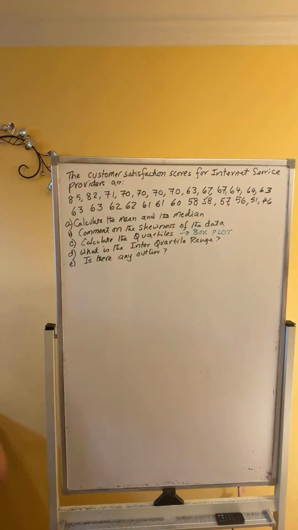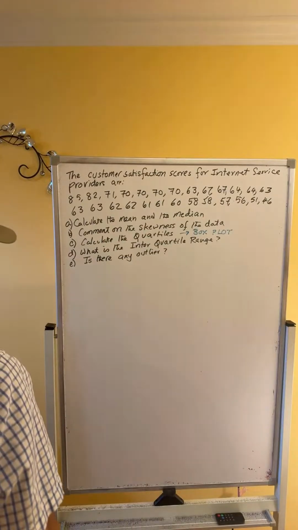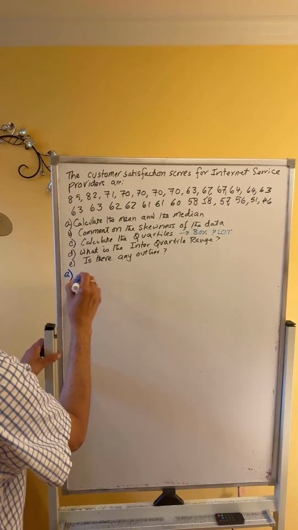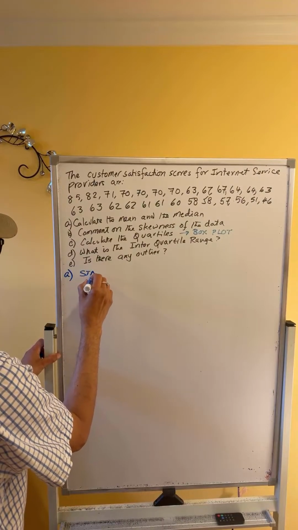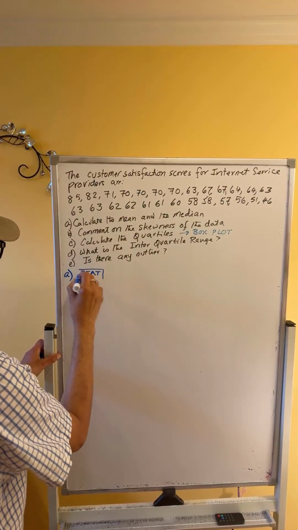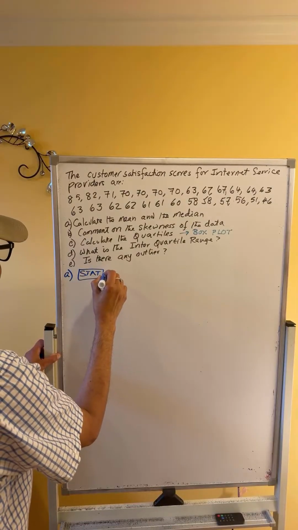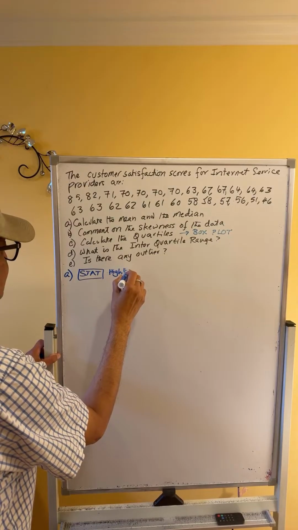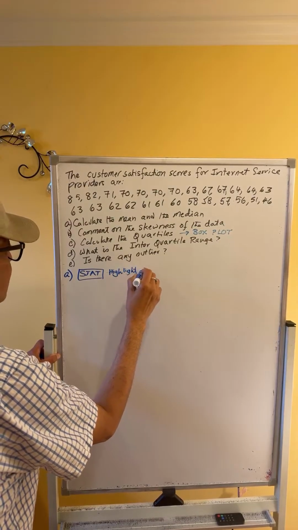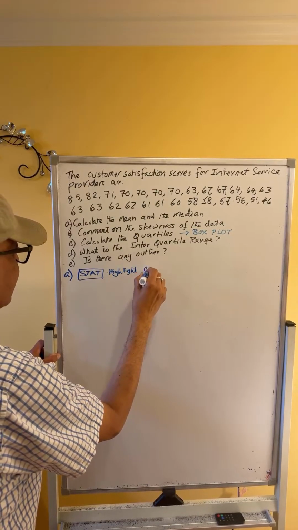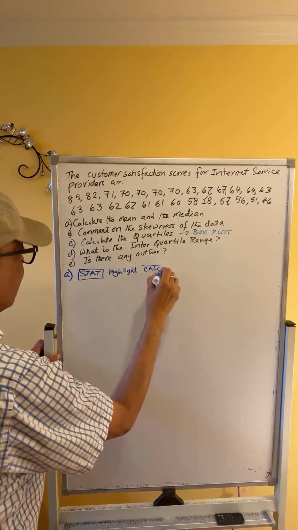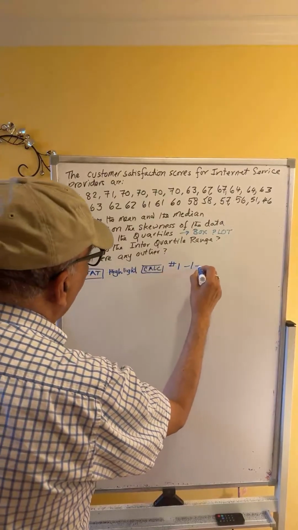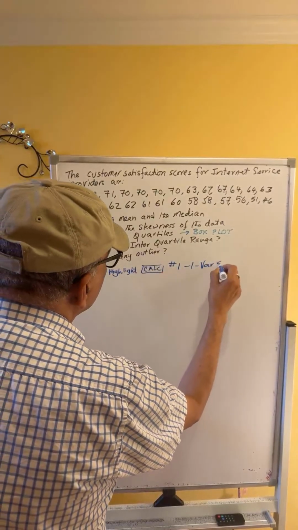So how to calculate the mean? Stat button, second row, then we will highlight, that means move the cursor in the top row from edit to calc, and then select number 1, which is one var stats.